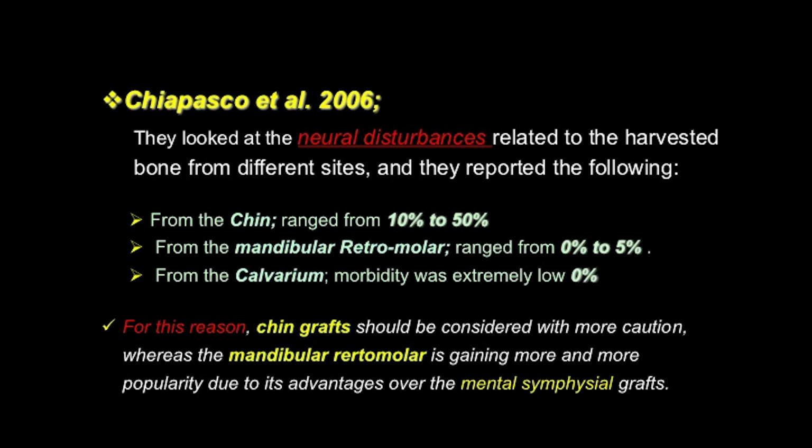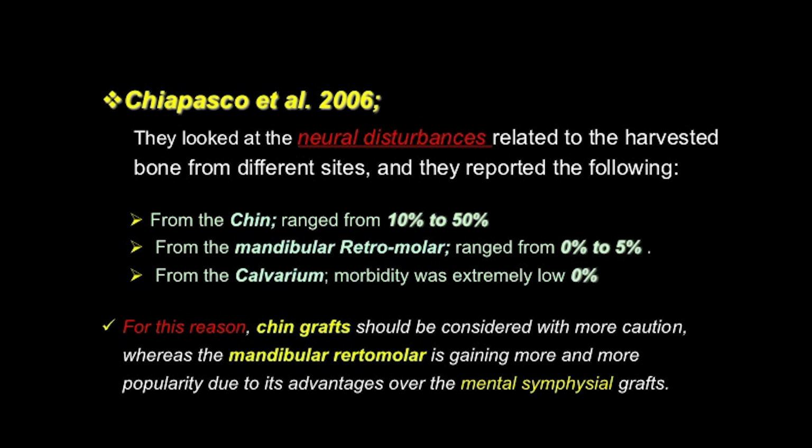If you take it from the calvaria, the morbidity was extremely low, almost 0. For this reason, chin graft should be considered with more caution, whereas the mandibular retromolar, or ramus graft is gaining more and more popularity due to the advantages over the mental symphysial graft with regard to less neural disturbances.